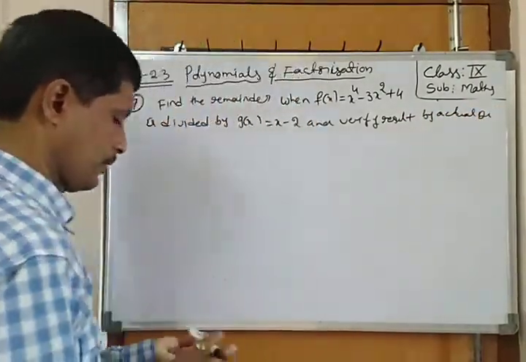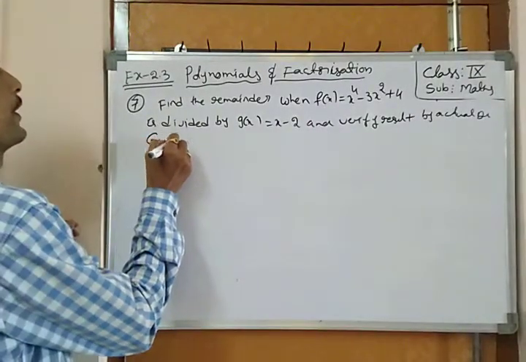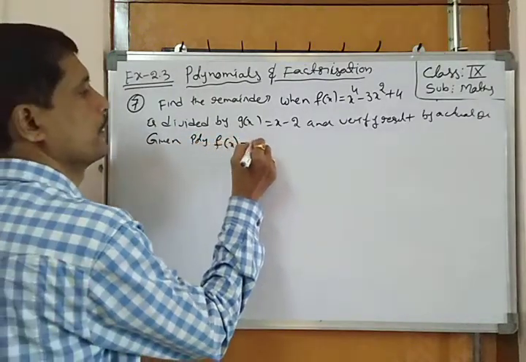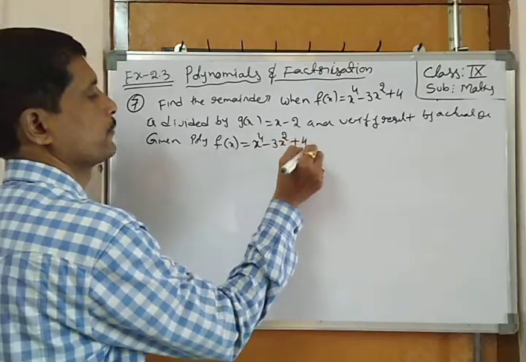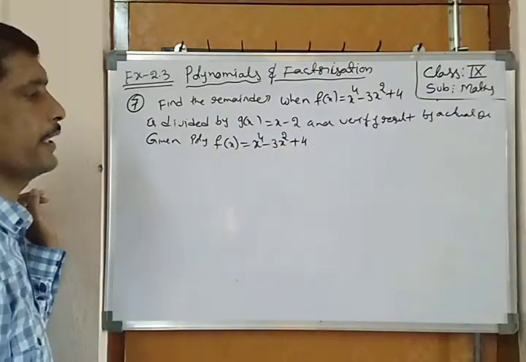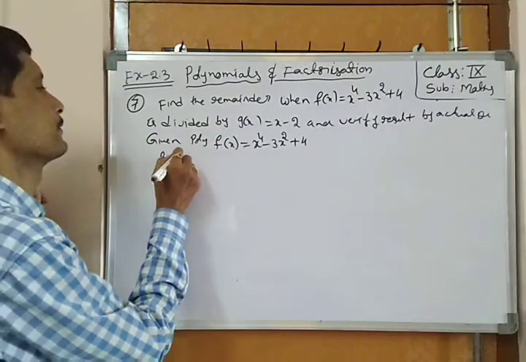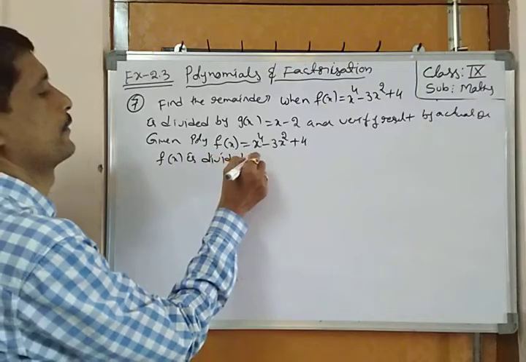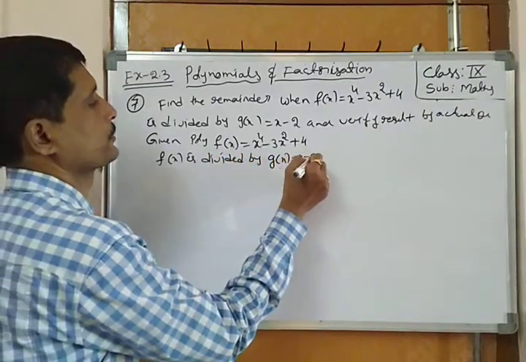Here, given polynomial f of x equal to x power 4 minus 3x square plus 4. Here f of x is divided by g of x equal to x minus 2.